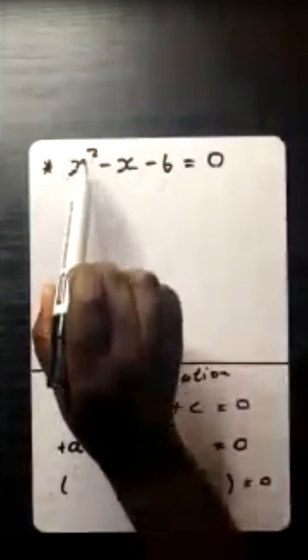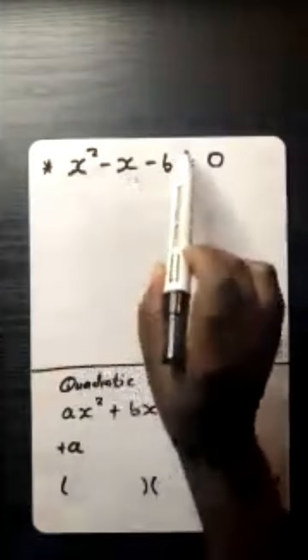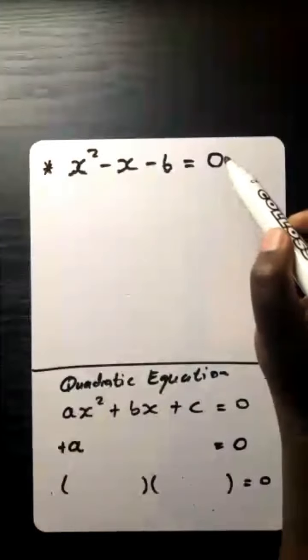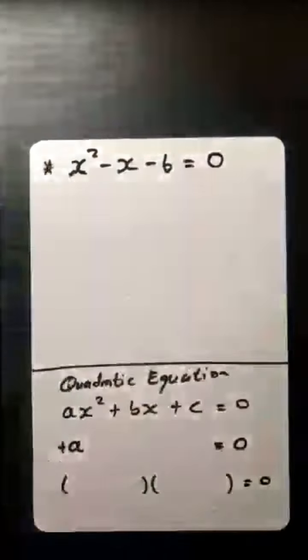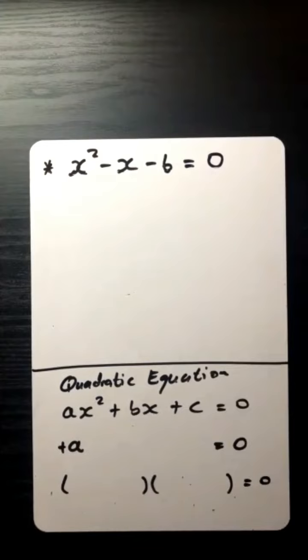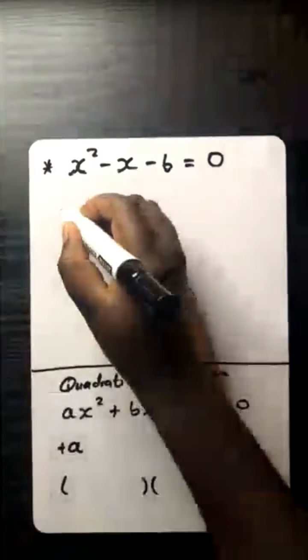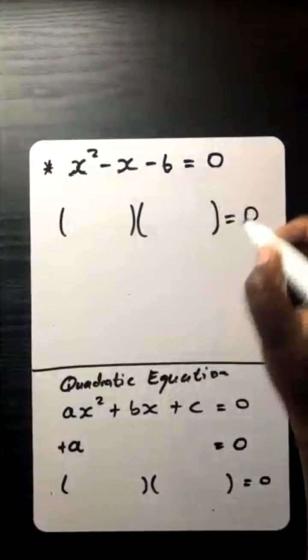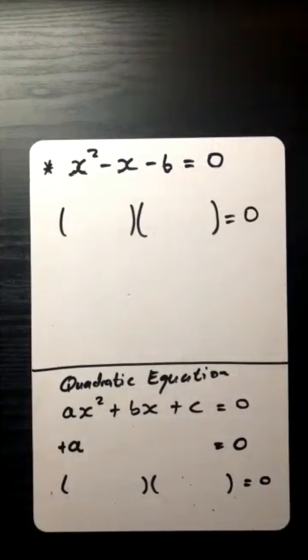Because it's in that order of x squared, letter, and a constant. And most importantly, it's equated to 0. And again, we've got a positive a value over there. So once all that is satisfied, it means we can now factorize. So obviously, when you factorize, you can start opening those brackets and equate it to 0.